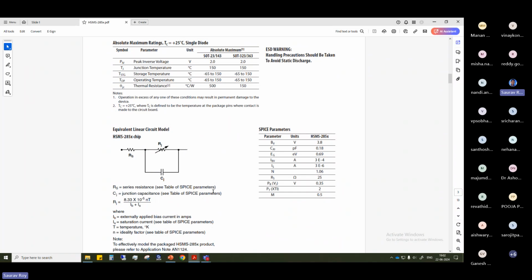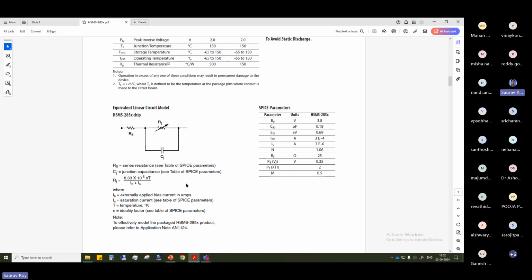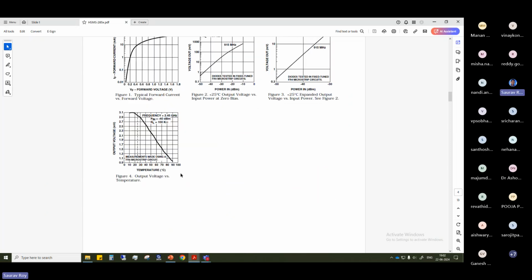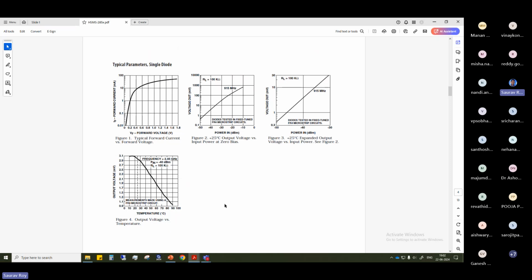The equivalent circuit has a series resistance, and from the SPICE parameters you can get the capacitance and impedance together in parallel, as in a normal diode model. These models are given, and you can test them yourself.